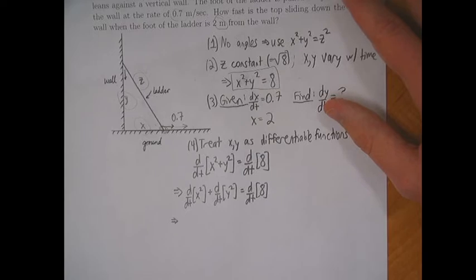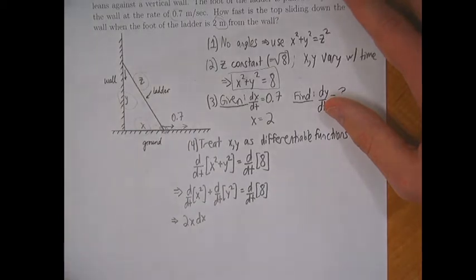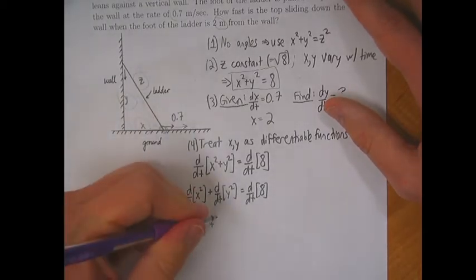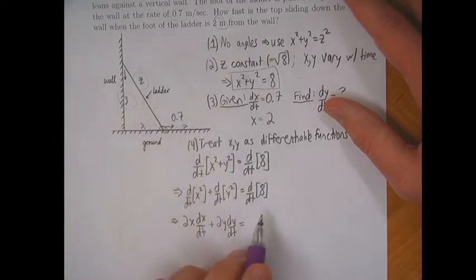Let's give someone else a chance. 2x dx plus 2y dy equals, or I mean dt. Yep, there you go. Equals 0, since the derivative of 8, which is always constant, is 0.